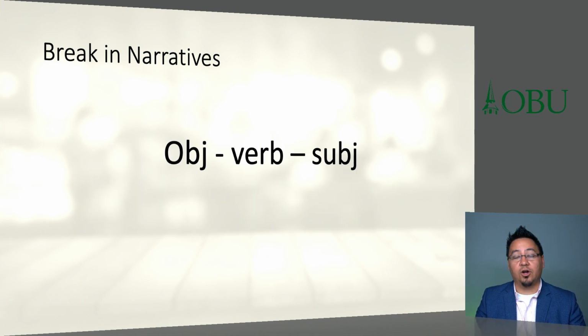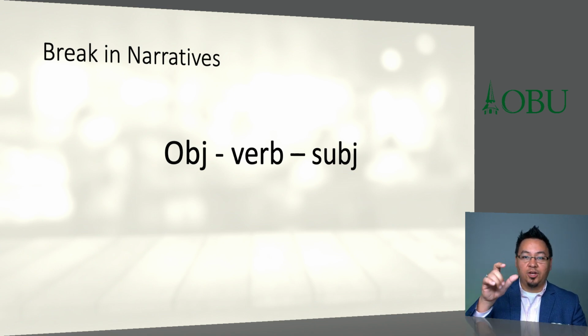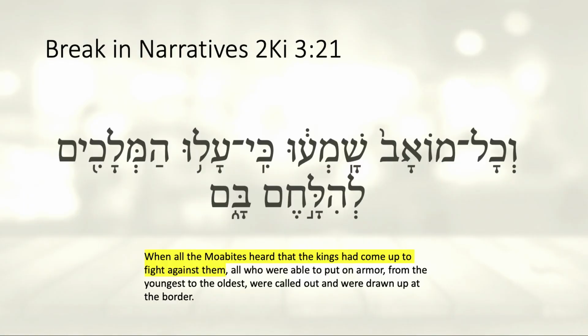Breaks in narratives are designated by the uncommon subject-verb-object. Here's an instance of it in 2 Kings 3:21. This is a break in the text. Vechol Moav shame'u ki alu hamelachim lehilachem bam.